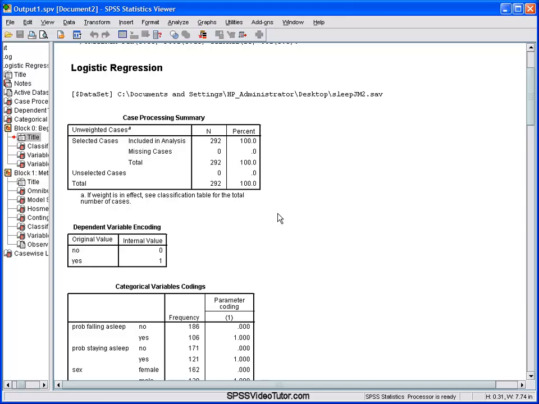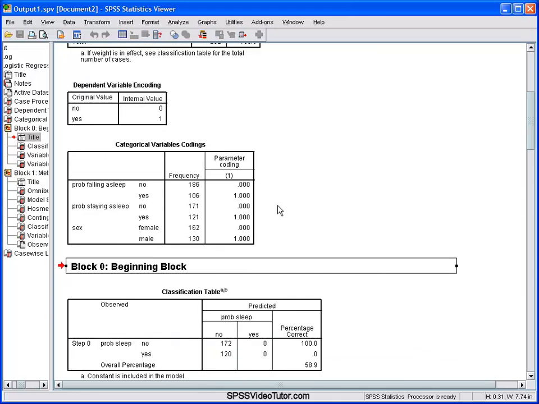All right. The next group of tables are the dependent variable encoding table and the categorical variables coding table. This shows you how your dichotomous variables have been coded. Whenever you run a logistic regression, your dichotomous variables always have to be coded 0 and 1.